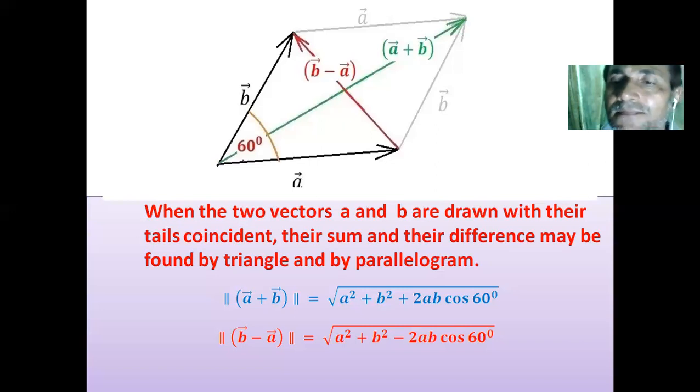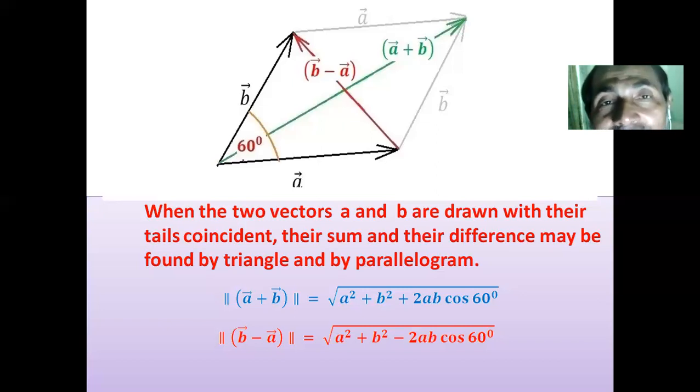And here, in order to find the magnitude of the resultant vectors, you are seeing the two equations. One equation is with the positive symbol and another equation with the negative symbol. The negative symbol is arising because the direction of the vector A is totally inverted.